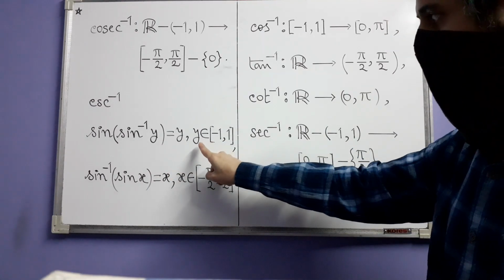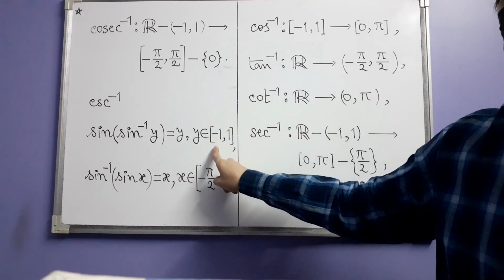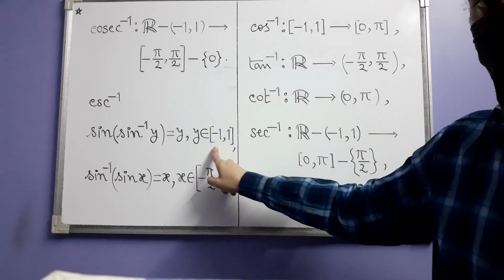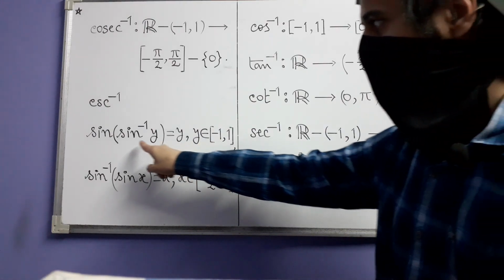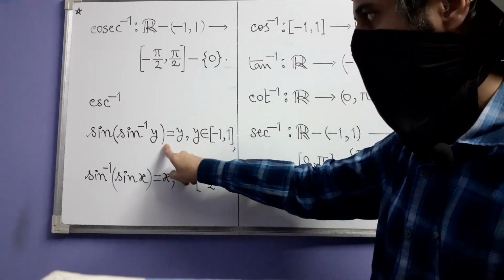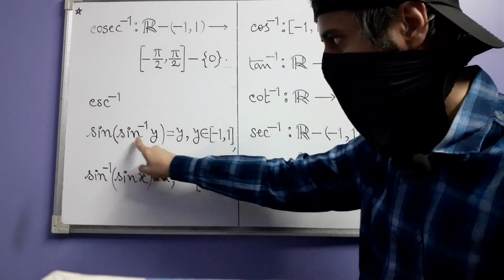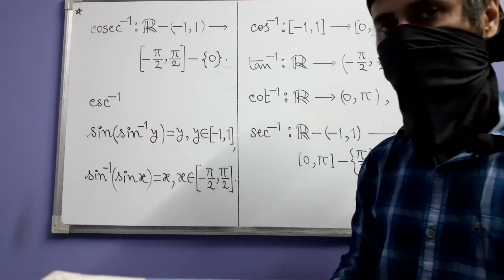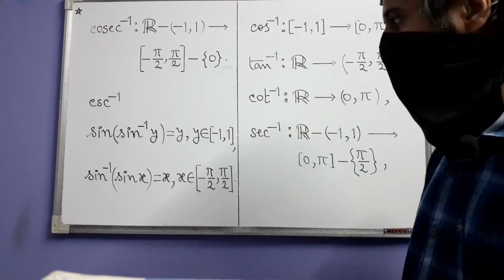If you take any point y from this closed interval, which is the domain of the inverse sine function, which means its principal branch, then this is true. Sine of sine inverse of y is equal to y, because their effects can cancel each other.